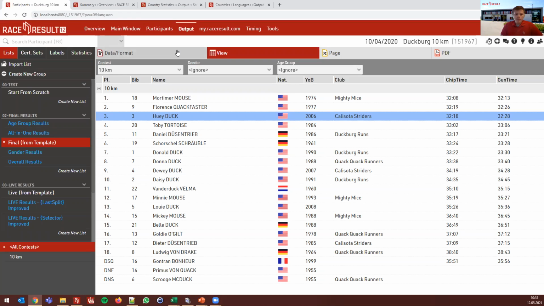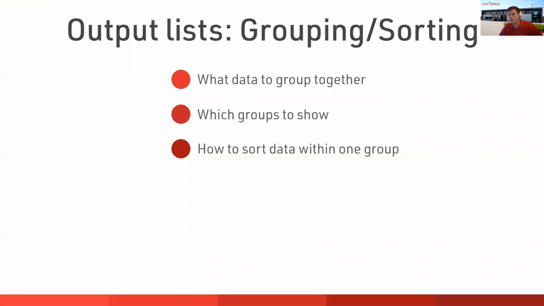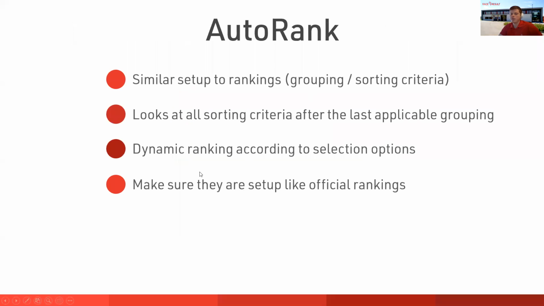Okay, so that was it on the grouping and the sorting, but there's one more thing, or actually two more things that are really, really cool features and that work together with the grouping and the sorting. The first thing is the auto rank. The auto rank actually is set up similar to the official rankings. So you have grouping and you have sorting criteria.